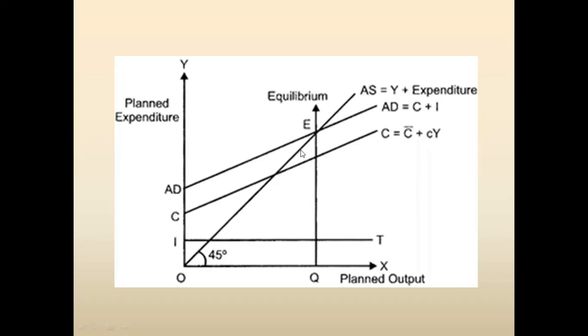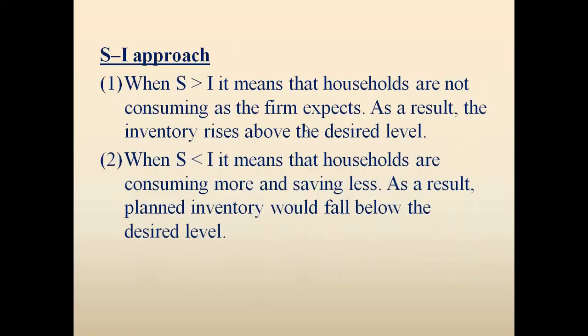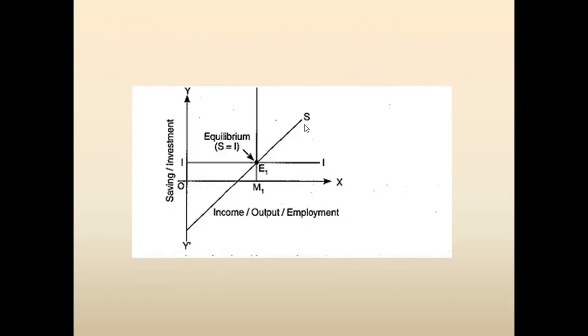So now it has shifted from E1 to E2. And between E1 and E2 there are infinite possibilities of the equilibrium situation. There can be an infinite number of equilibrium conditions in the case of the ADAS approach. But in the case of the SI approach, S must be equal to I.